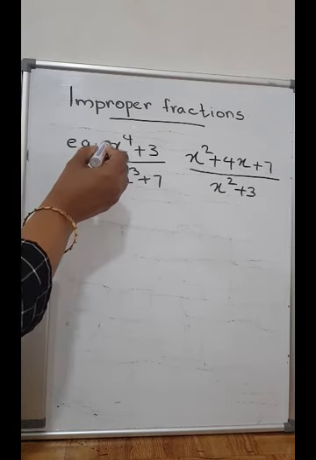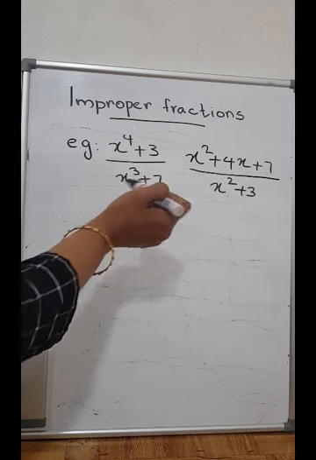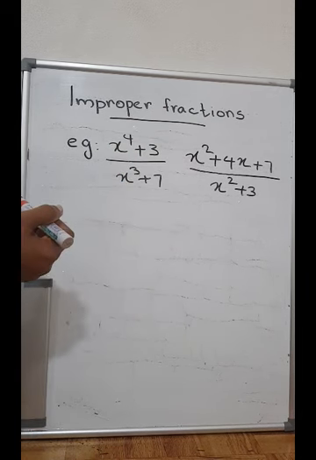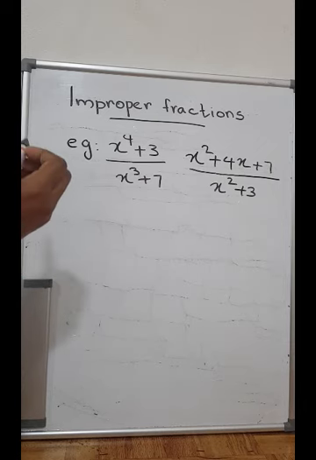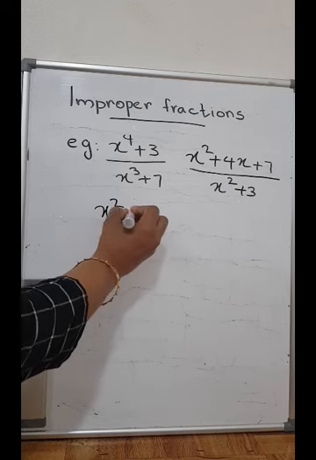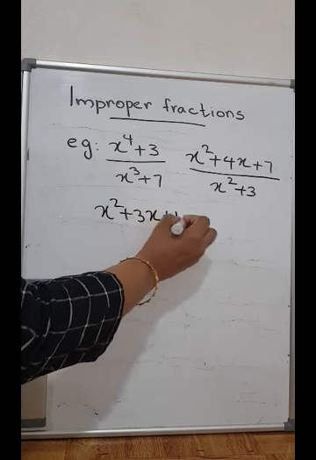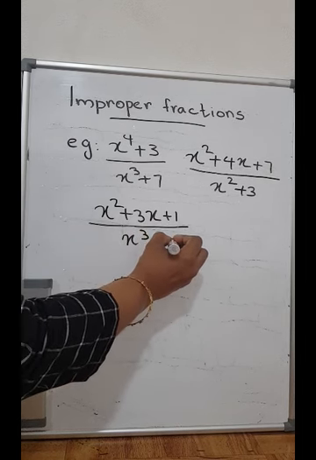So if the numerator has a degree greater than or equal to the denominator, the corresponding algebraic fraction is an improper fraction.